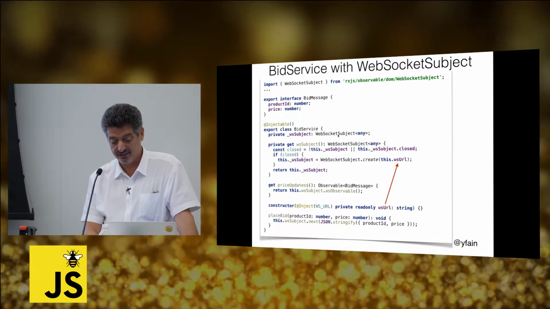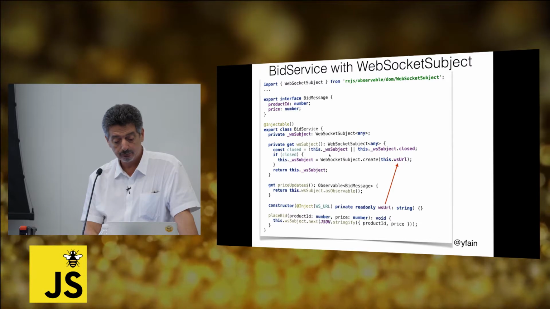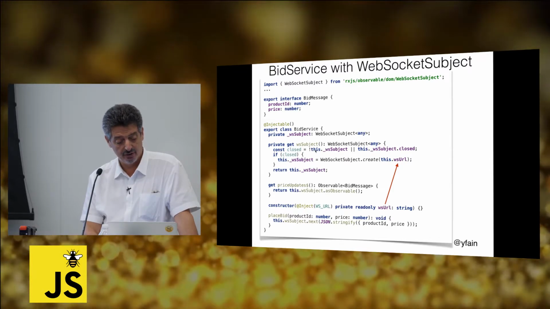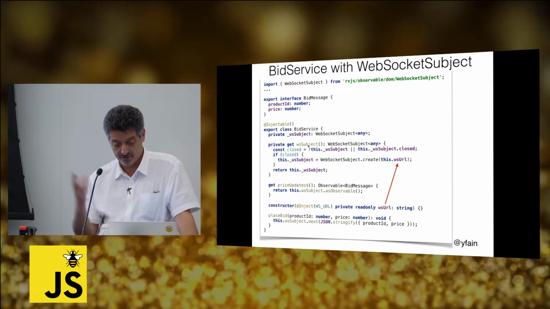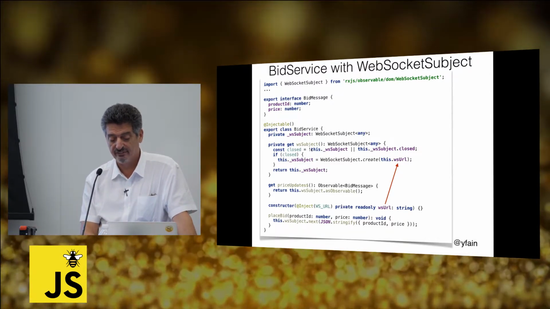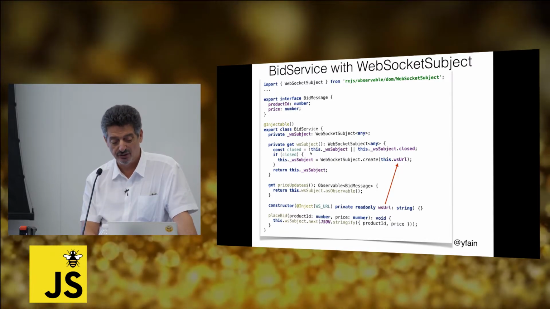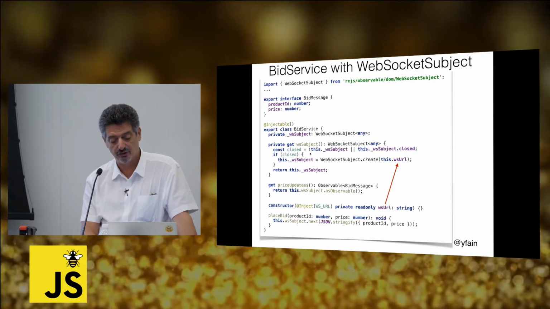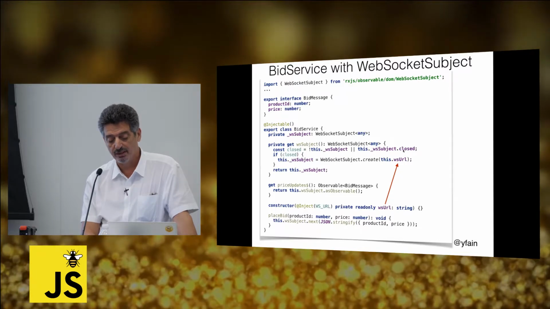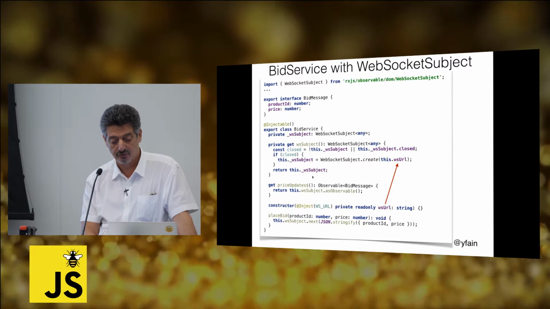I want to use this RxJS class WebSocketSubject, and I have a getter if somebody wants to get my reference to this subject. I am checking if this is the very first time somebody asked for it. If it's not the very first time, or maybe the subject was closed for some reason, I will create it. And I will return it back.